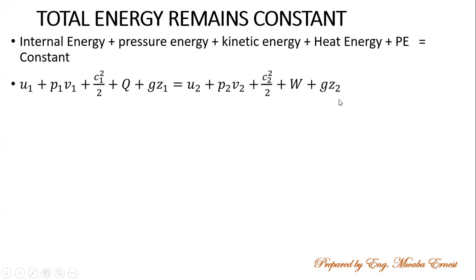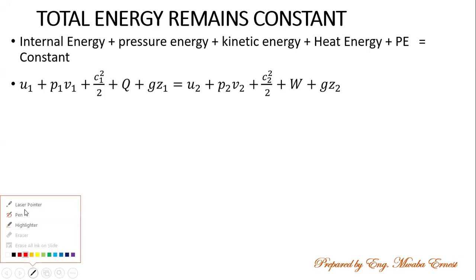In the second state, when it goes out, or at point 2, which can also be point B, we write the same factors, but because this is now position 2, we insert the 2. So internal energy U2, pressure P2, specific volume V2, velocity C2 squared over 2. Then the only thing you need to take note of here is this.